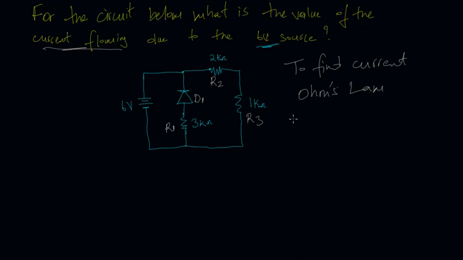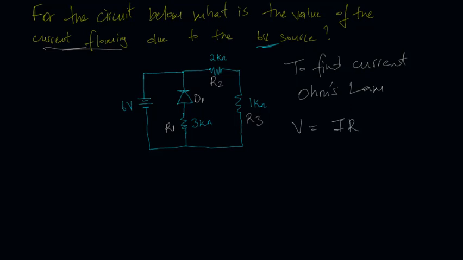What Ohm's law says is that V is equal to I times R, in which V is the voltage drop, I is the current, R is the resistance of the resistor. So we are given that we have a 6-volt source, so we are given V. We want to find I, but we don't know the resistance of the circuit. So the first thing we have to do then is to find the resistance of the circuit.